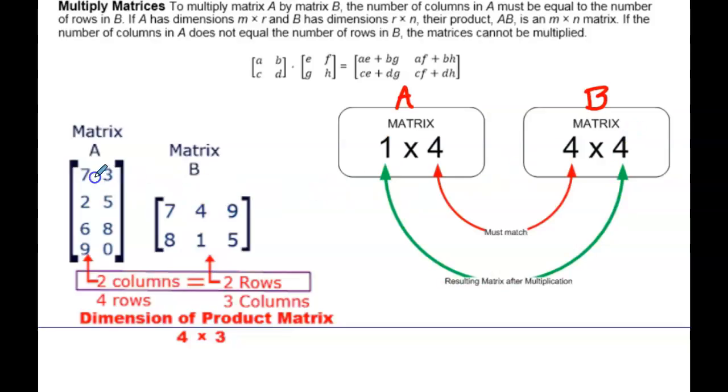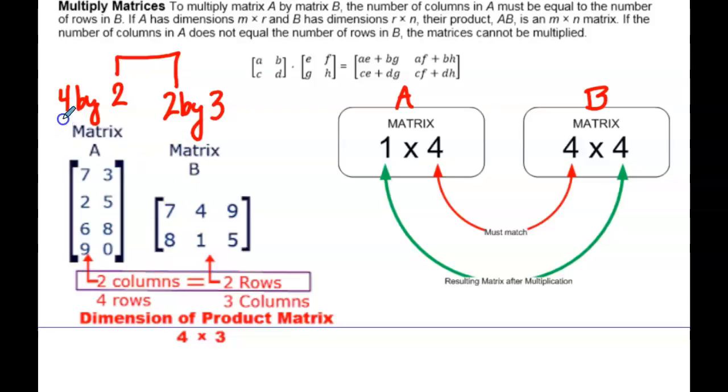Now, this was 1, 2, 3, 4 rows. Everybody see that? By 2 columns. This one was 2 rows by 3 columns. So these are the same, so they can be multiplied.